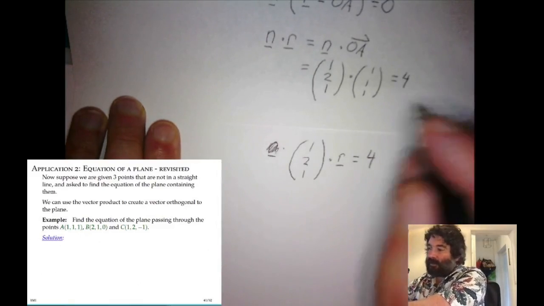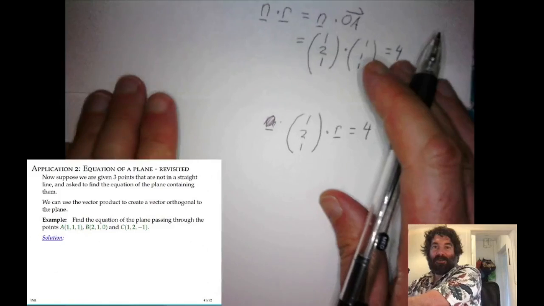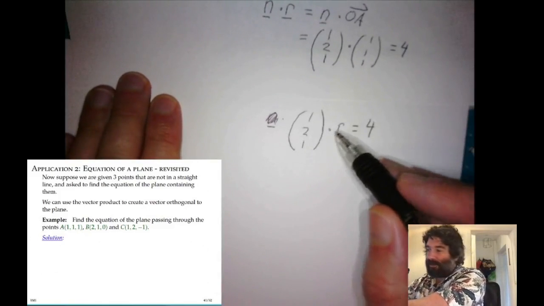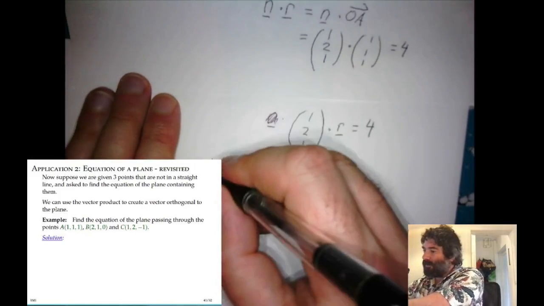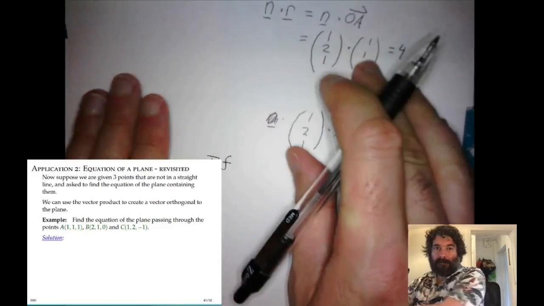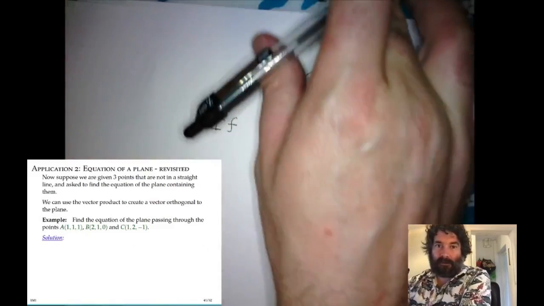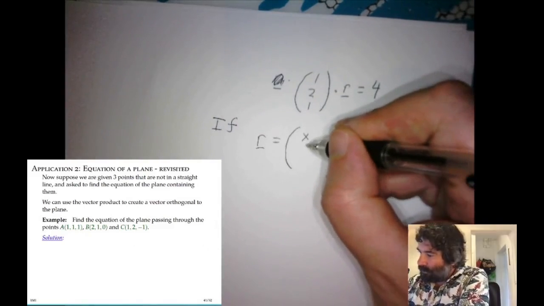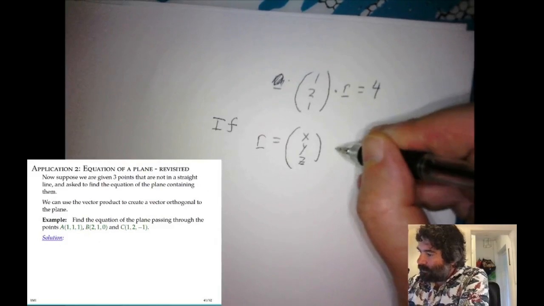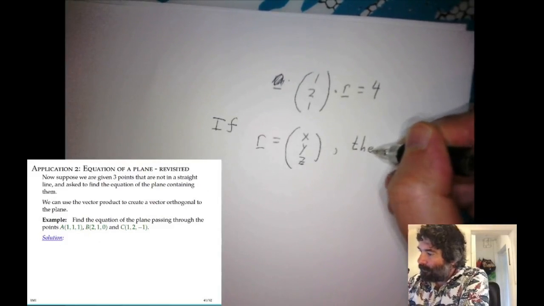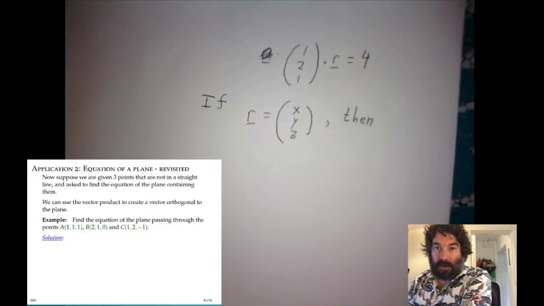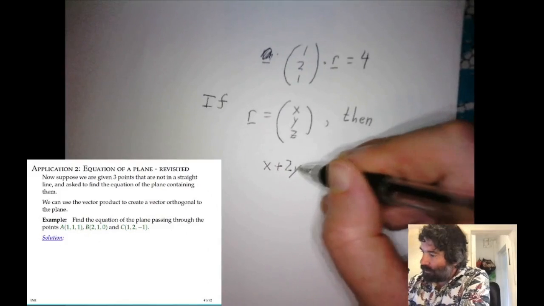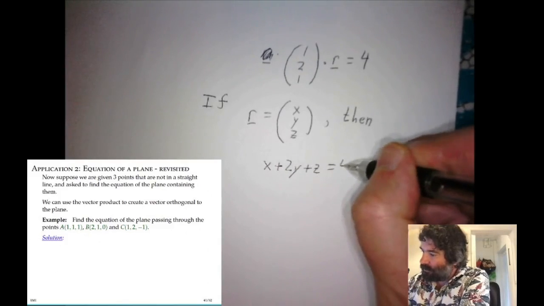Okay, and if we, as before, write the components of the point that's represented by r as x, y, and z, so if r equals x, y, z, then this equation becomes x plus 2y plus z equals 4.